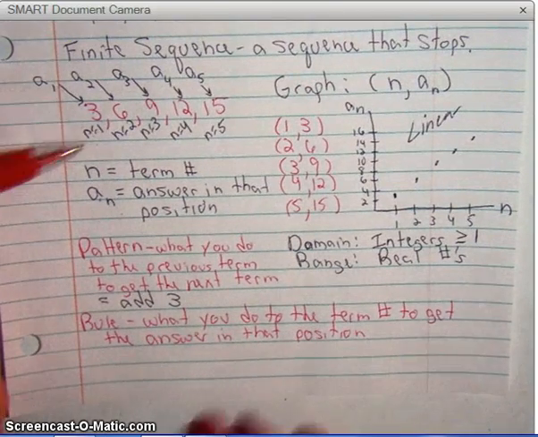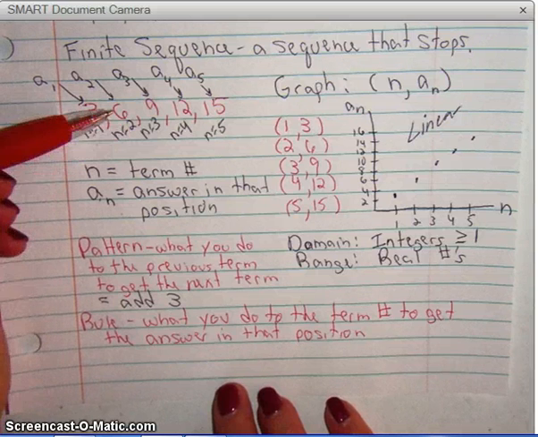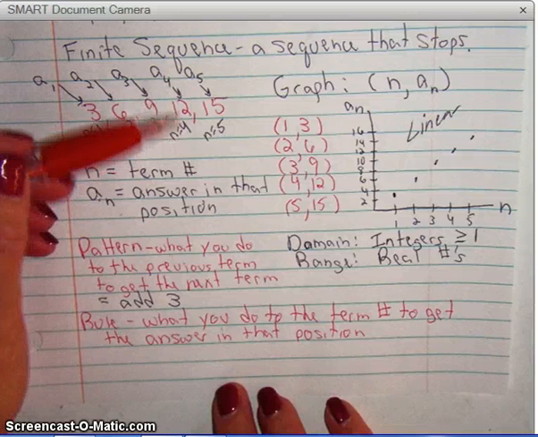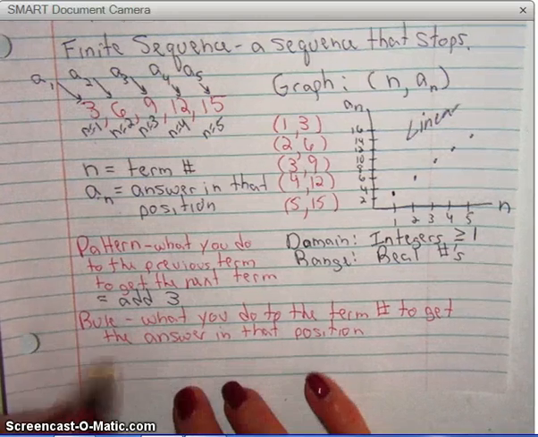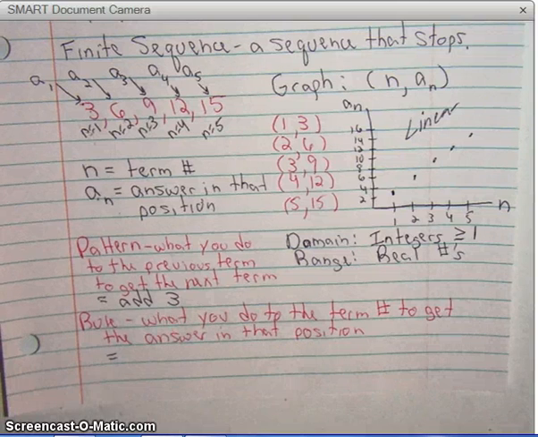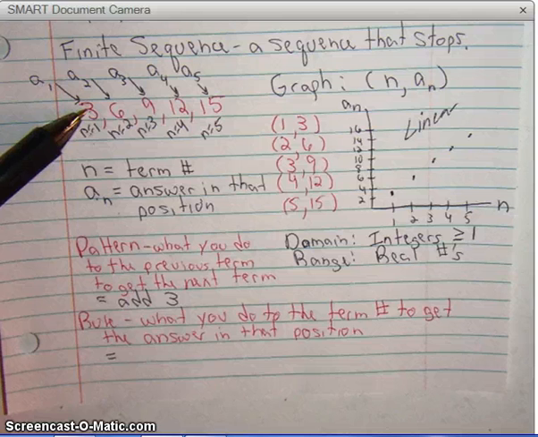So the question is, what do you do to 1 to get 3? What do you do to 2 to get 6? What do you do to 3 to get 9? What do you do to 4 to get 12? What do you do to 5 to get 15? And the rule is always much more important than the pattern. So anybody know what the rule is? What do we do to the term number to get the answer in that position?